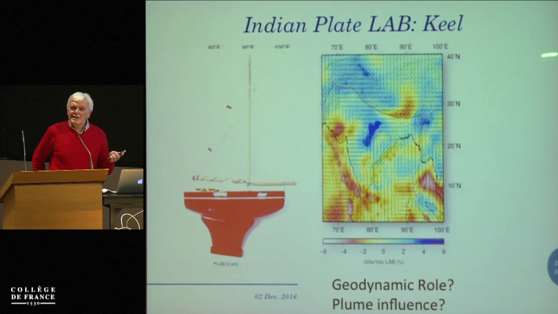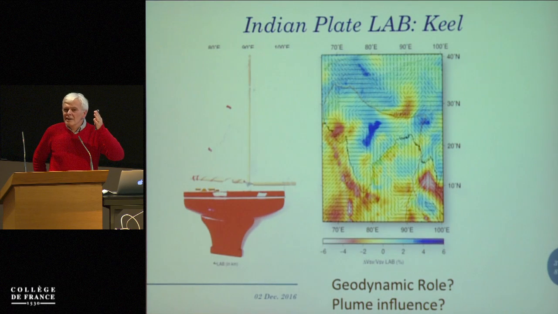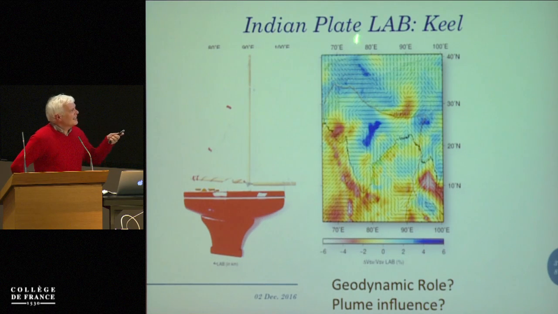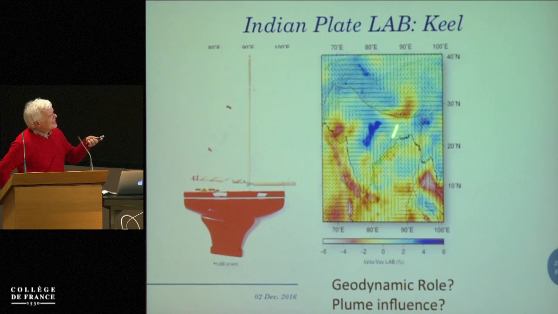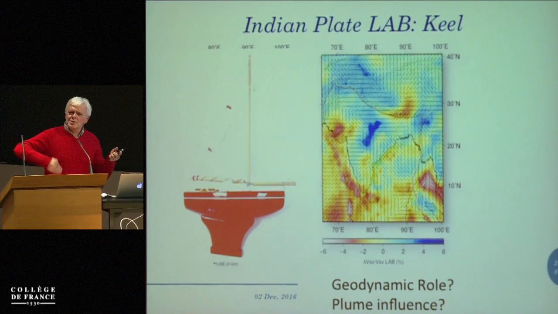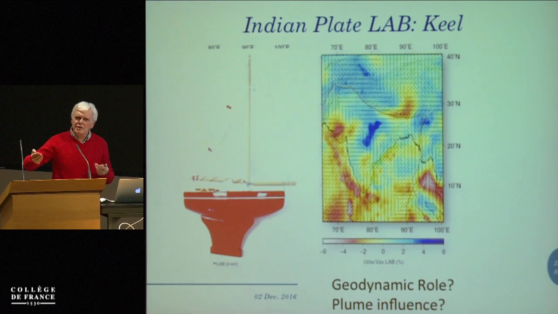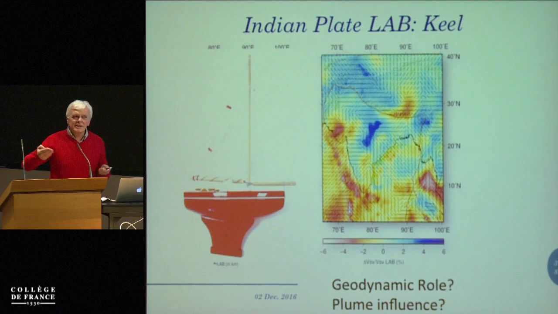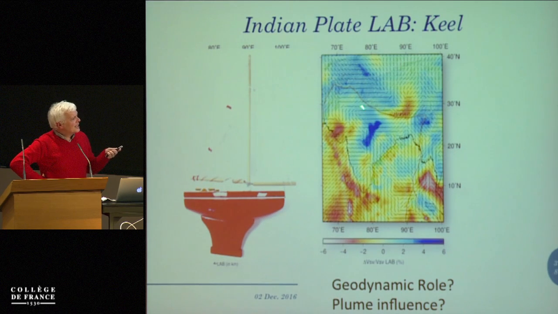You know, we make the comparison with the keel of a boat. When you have a boat, the keel has a strong influence on the orientation of the motion of the boat. And we can wonder if this keel didn't play a strong role in the motion from the south to the north, and maybe it didn't avoid strong velocity, even though its thickness is 230 kilometers.